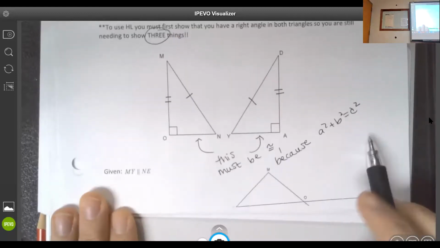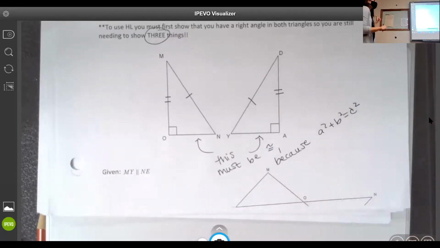So if I have 2 out of 3 of those things matching, a hypotenuse and a leg, well, the other leg must match too in order for that to be true, which is true for right triangles. There's only one way that this would be a right triangle, and that would be that all three sides match. So really, it's showing side, side, side.